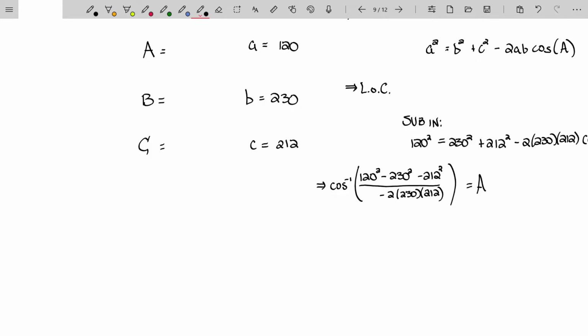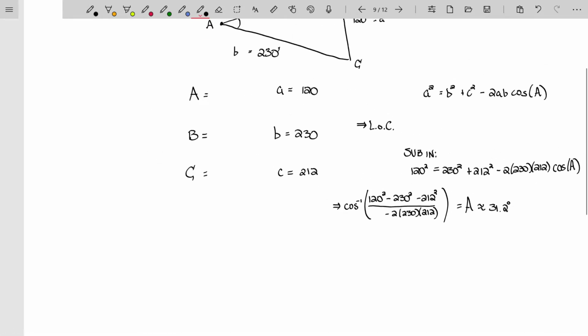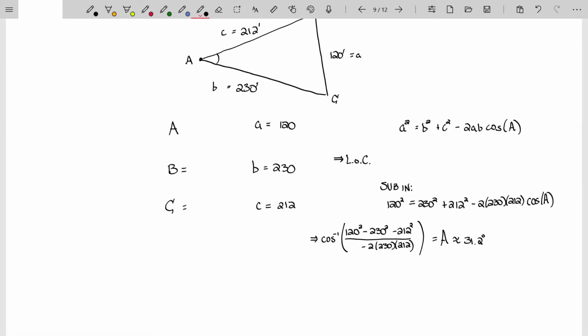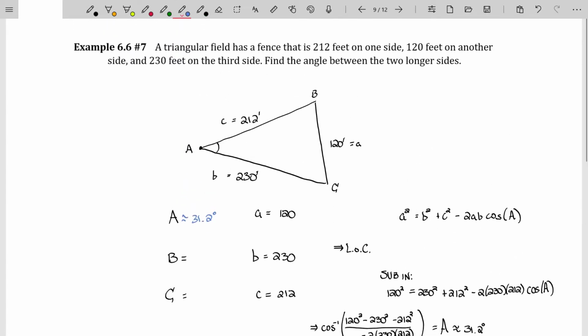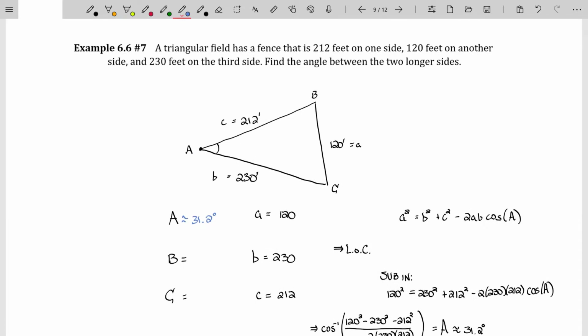Make sure that that 120 squared minus 230 squared minus 212 squared is in the numerator. And I get roughly 31.2 degrees for that angle A. So that would be the answer to this question. The question was, what is the angle between the two longer sides? 31.2 degrees, roughly. But there you go.